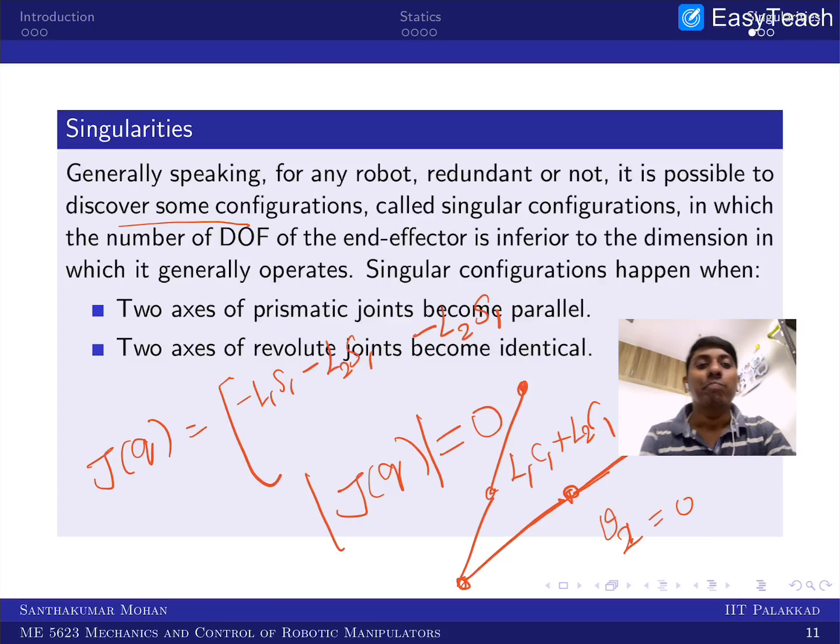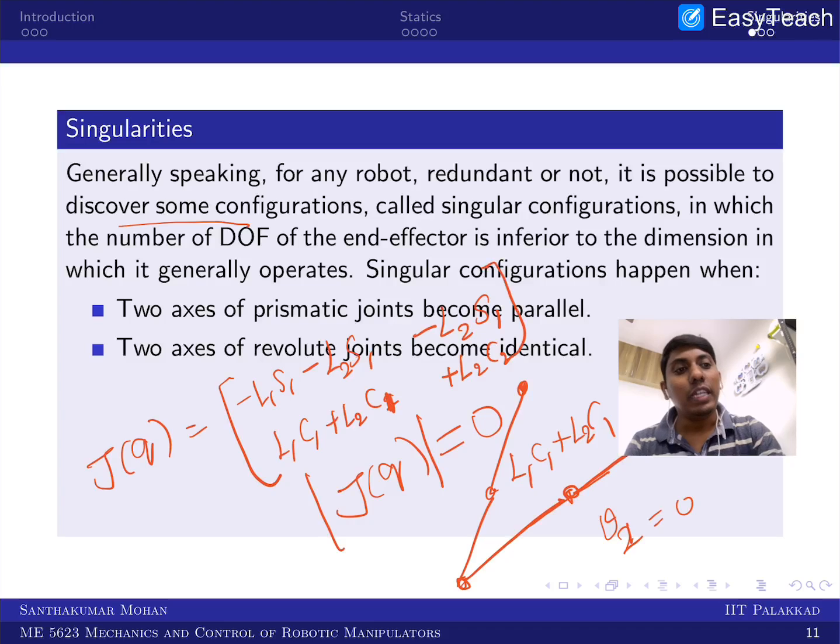Similarly, if I write the other one, you can see that it is very similar. So if you take the determinant, it is going to be 0. So that is what we are interested to see here.